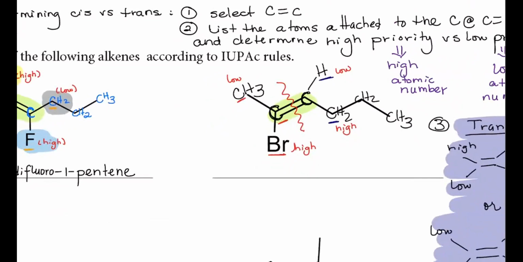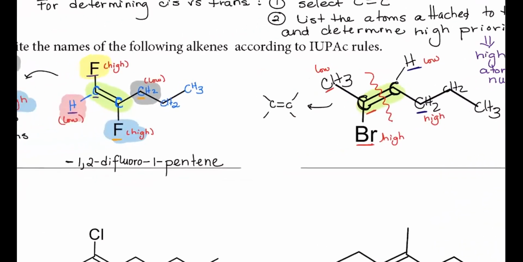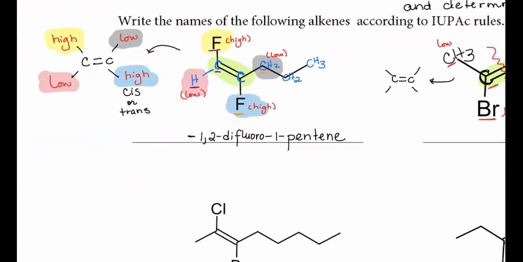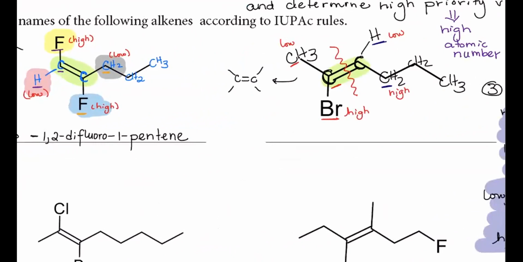So at first, we can determine, oh, okay, so this molecule, if I rewrite this, my carbon-carbon double bond. Oh, I didn't write the trans here. Sorry about that. I have a low priority group.